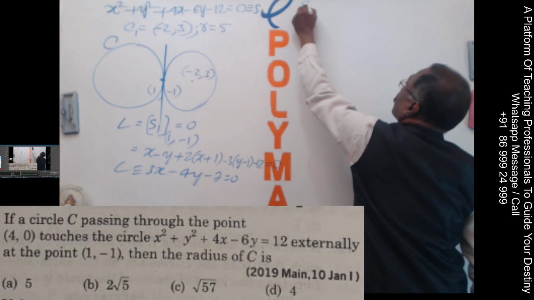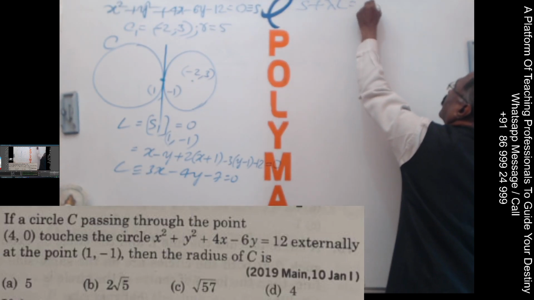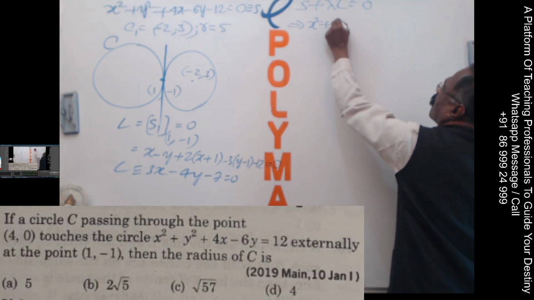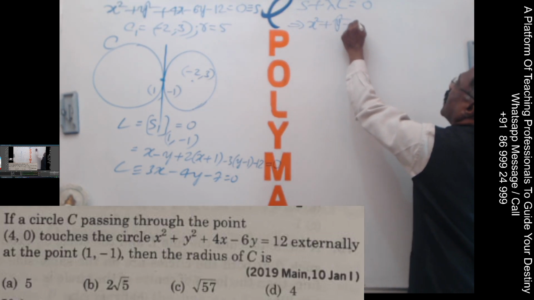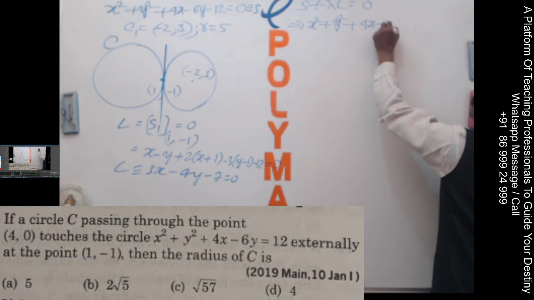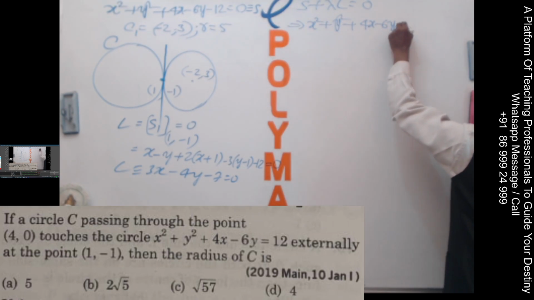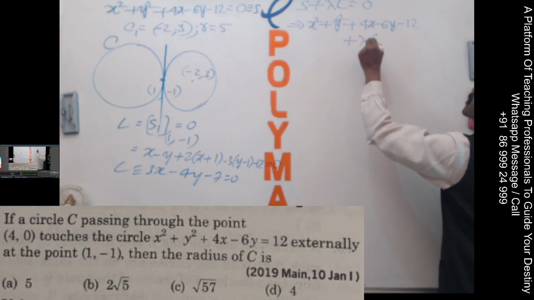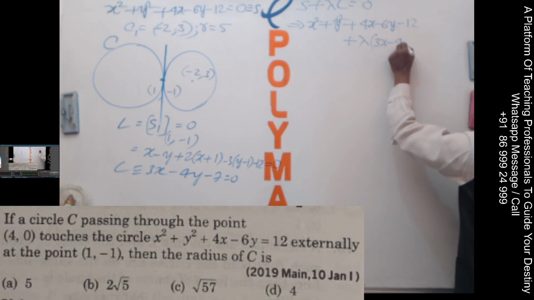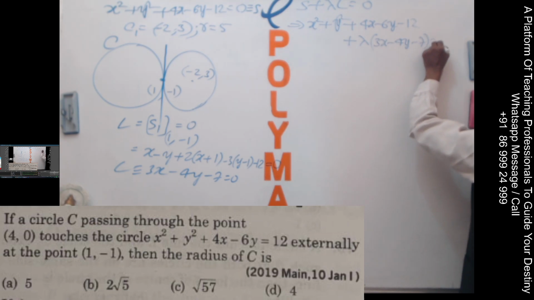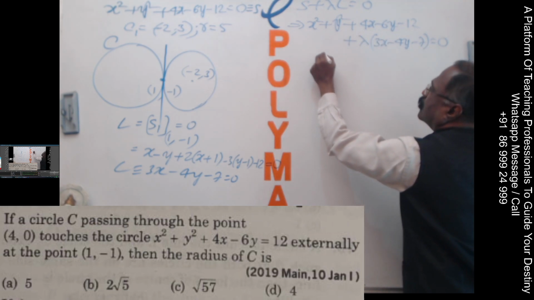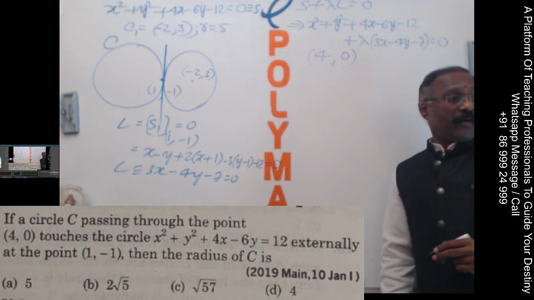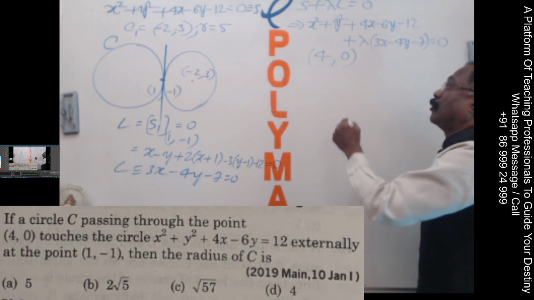Therefore, the system is S plus lambda L equal to 0. What is S there? x square plus y square plus 4x minus 6y minus 12, plus lambda into (3x minus 4y minus 7) equal to 0. But this circle passes through the point given in the question: the required circle is passing through (4, 0).